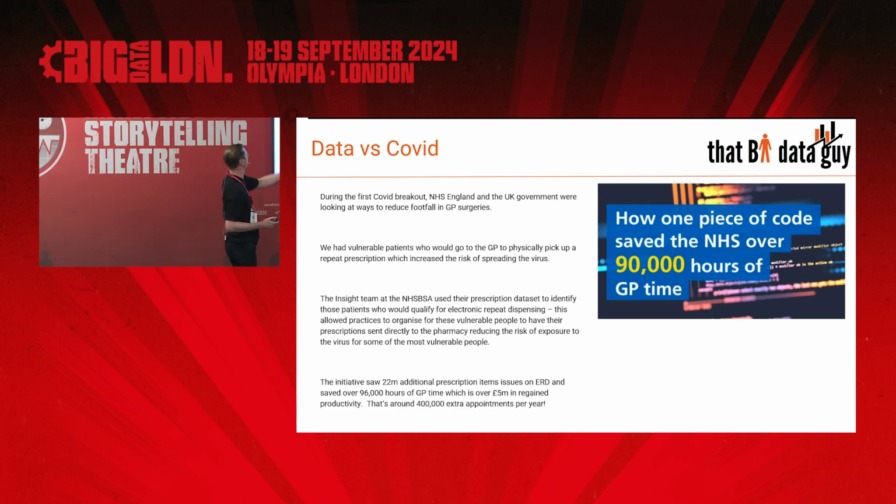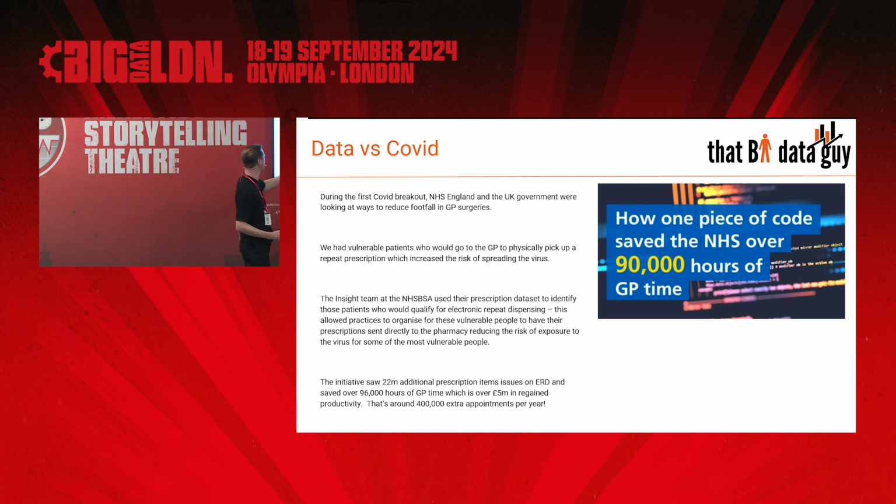The peril, we had vulnerable patients going into a GP, picking up the prescriptions, and potentially spreading the virus to vulnerable and elderly people. And basically, the geniuses from the BSA quickly whizzed up a SQL statement that identified the people that could go into digital, and as a result, that saw 22 million prescription items be prescribed electronically rather than people going into the GP.